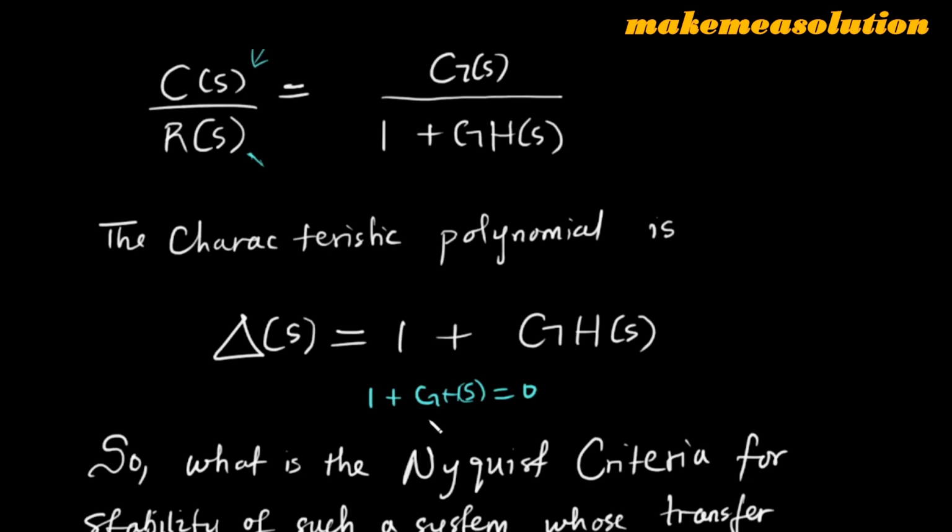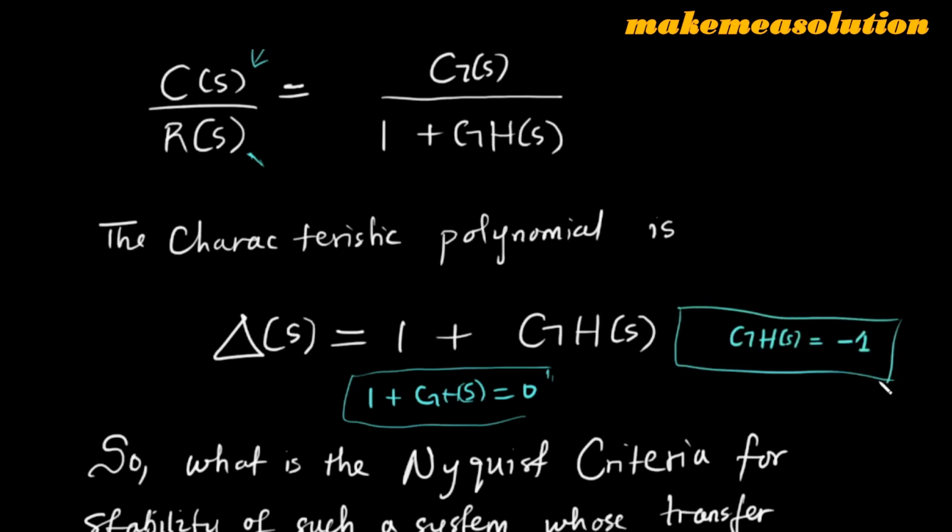Okay, so one thing about the Nyquist criteria is this particular equation over here, 1 plus G(s)H(s) equal to 0. If you solve this equation, you will have G(s)H(s) equal to minus 1. Now this expression is very important as far as control systems and the Nyquist criteria are concerned, because it helps us understand what minus 1 means in control systems.